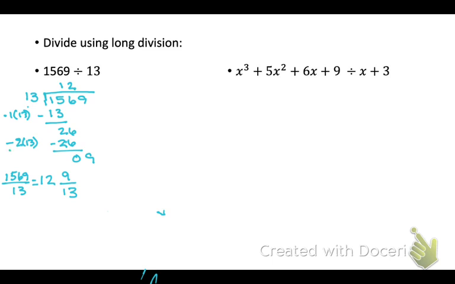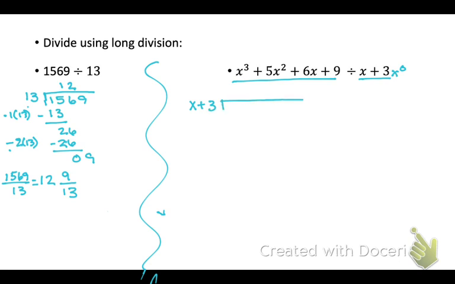So that's basically what we're going to do with polynomials. So we have the divisor and the dividend. The divisor is what you're dividing by. They must be in order with no empty spots, no skipping. So this is x to the first and x to the 0, so the divisor is in the right order. Okay? So I have x plus 3.